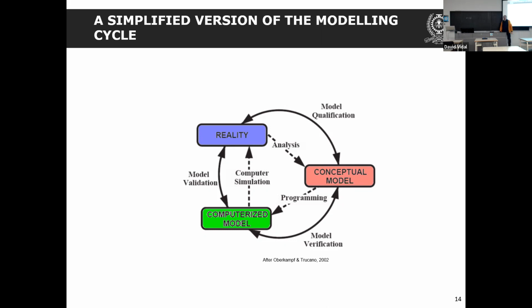So this is the verification phase. And then, once the code is verified, you will need to validate the whole model. The whole model, the mathematical and the numerical model, will need to be compared with reality, and then you check whether you have an agreement or not.